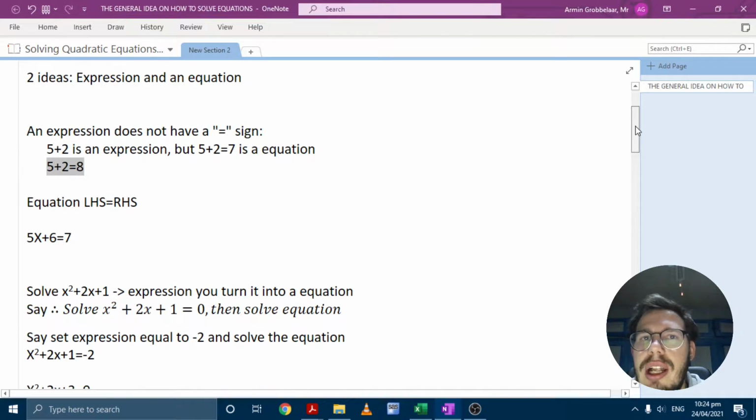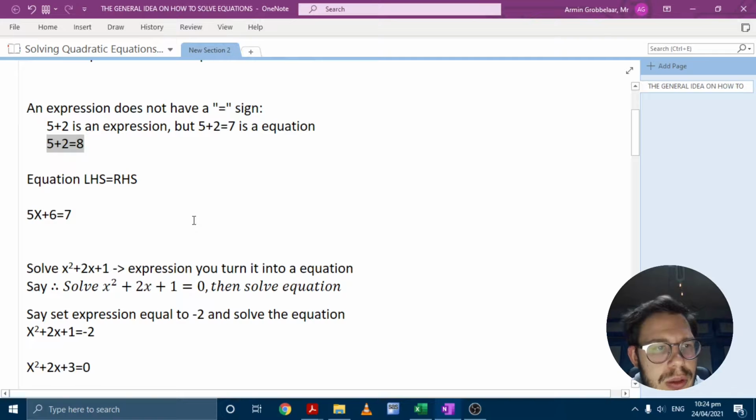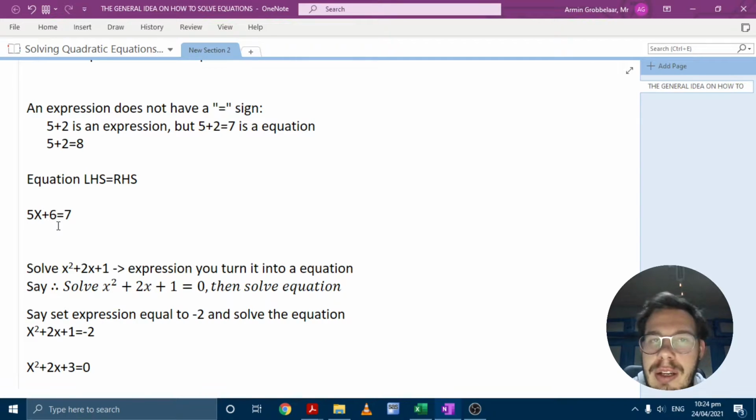That's the general idea to solve an equation: the left-hand side is equal to the right-hand side. So 5x plus 6 is equal to 7. If we want to get the solution of the equation, we must get a number such that if you multiply it by 5 and add 6, then you get the number 7.